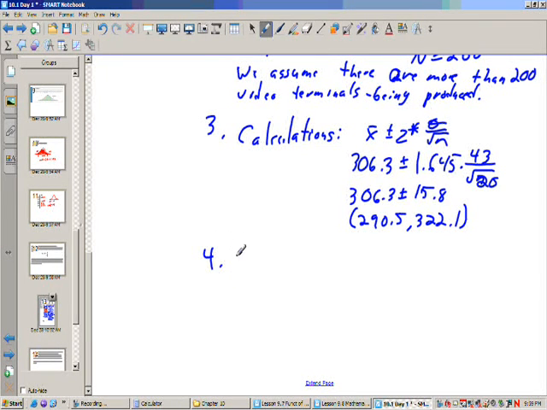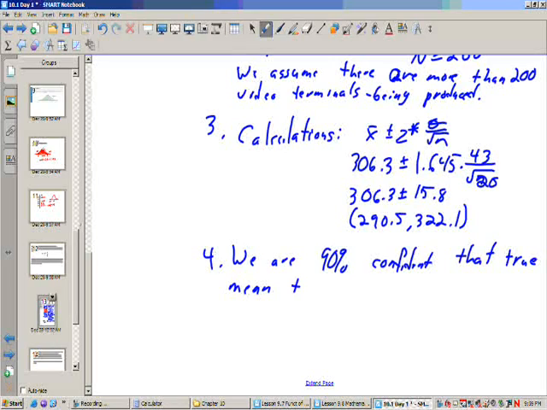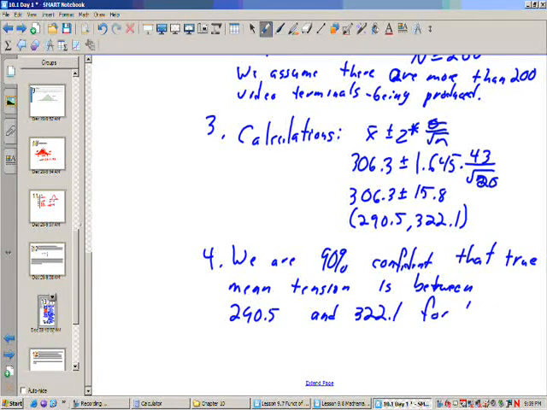So now we just want to interpret that. We want to say we are 90% confident that the true mean tension is between 290.5 and 322.1 for that day.